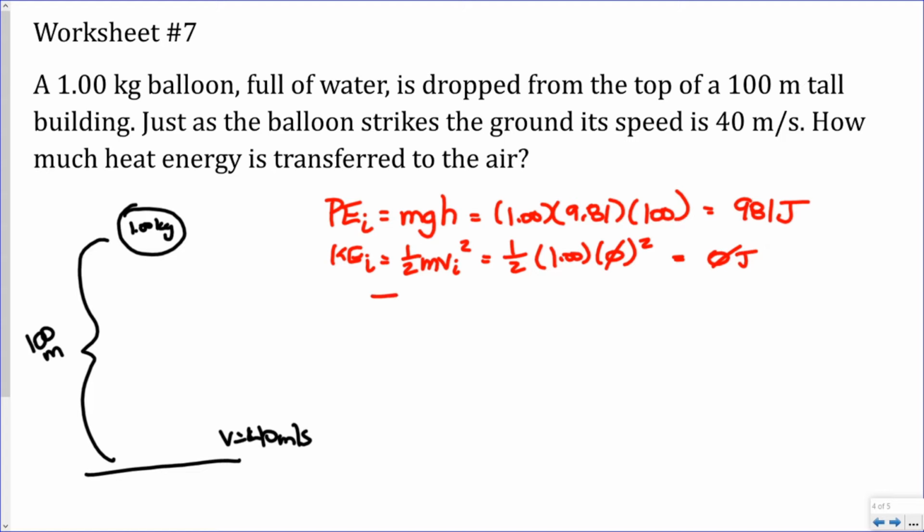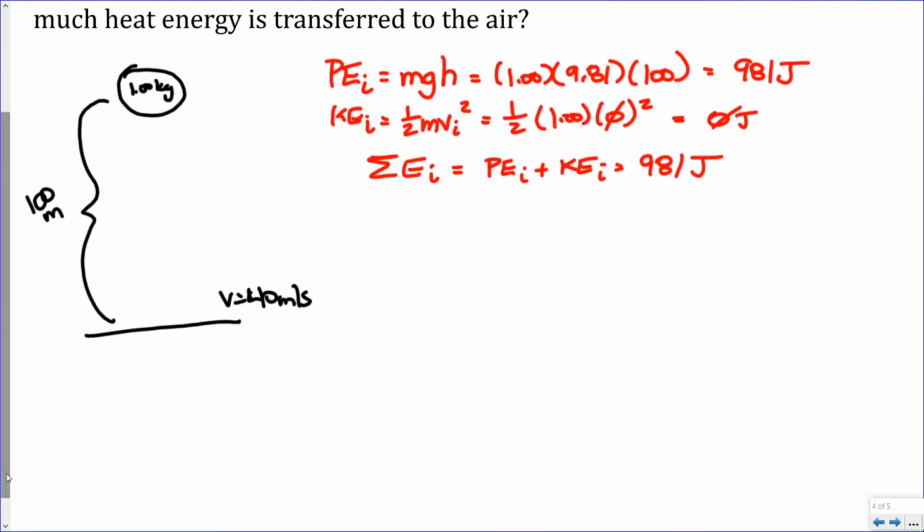So what's my total energy initial? It's my potential energy initial plus my kinetic energy initial, which is 981 plus 0, so 981 joules.